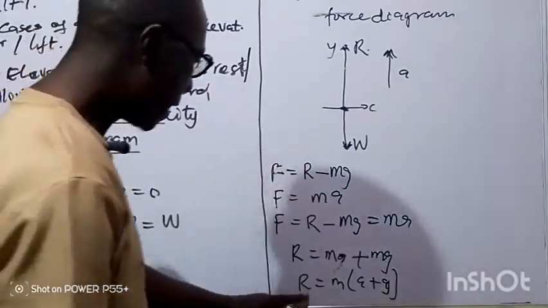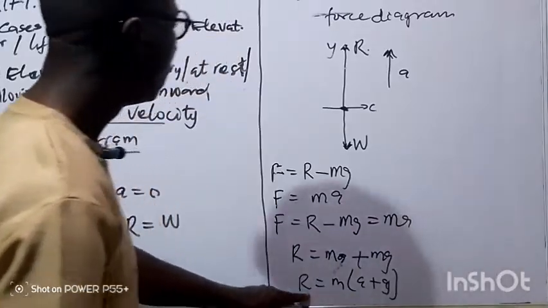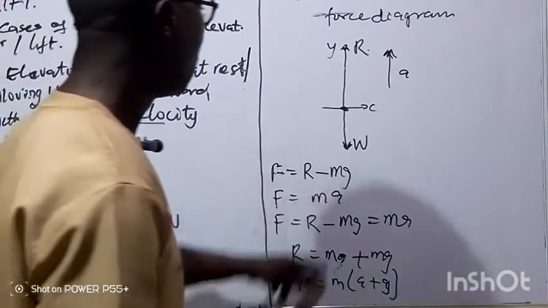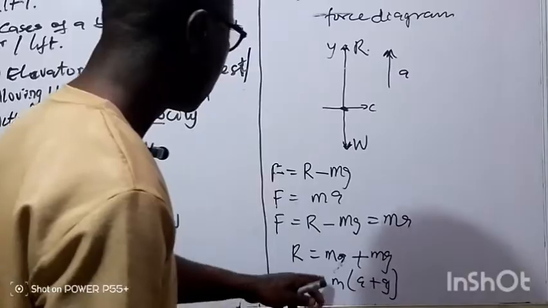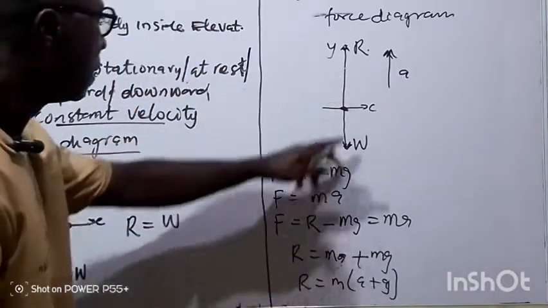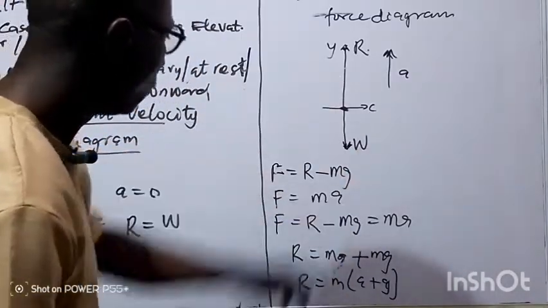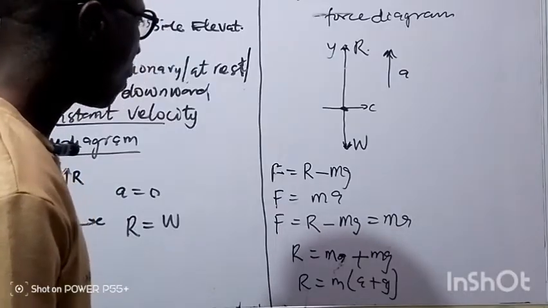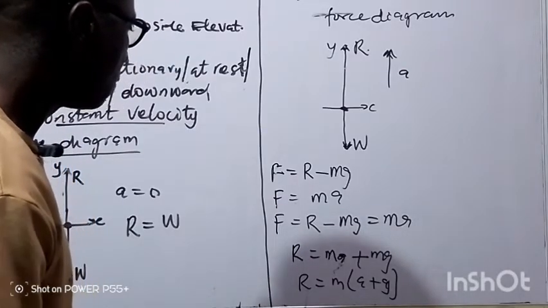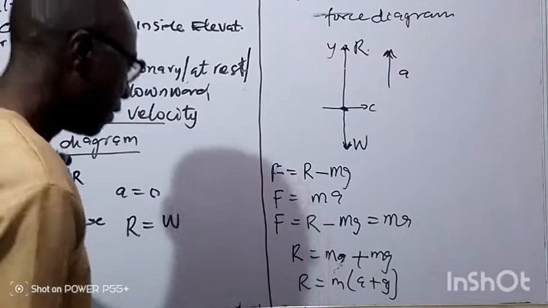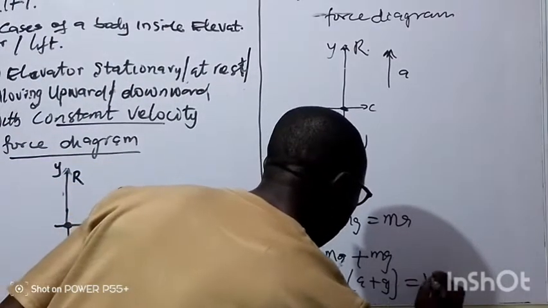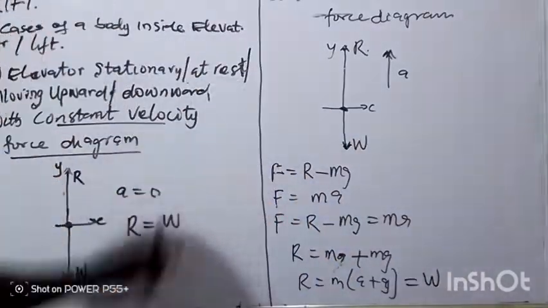We said that the reaction from the floor of the elevator is greater than the weight of the object. Now, to comply with Newton's third law of motion, this reaction is also equal to the weight of the object inside the elevator.